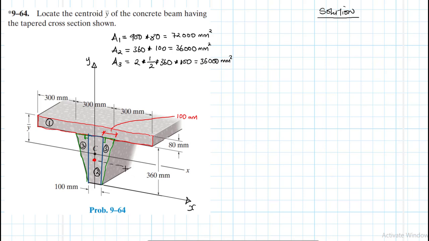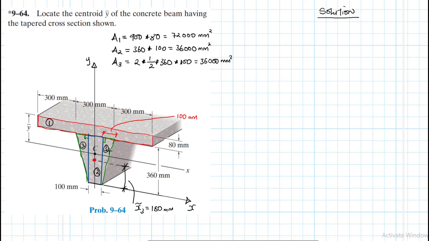So this one here, part 3. y bar 3 is equal to, its whole height is 360, and half of this is 180 millimeters.